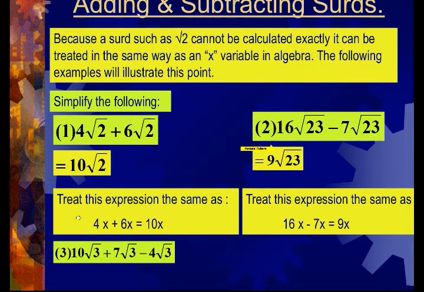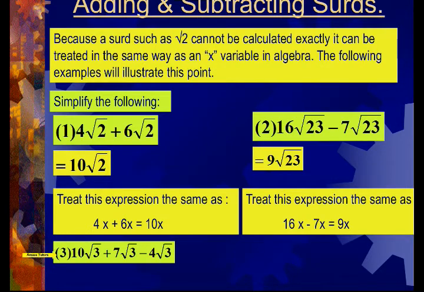Next one, 10 root 3 plus 7 root 3 minus 4 root 3. So we have root 3 in this example. Now first do the addition. 10 root 3 plus 7 root 3. Same as 10x plus 7x. What is 10x plus 7x? 17x minus 4x. So 17x minus 4x is 13x.